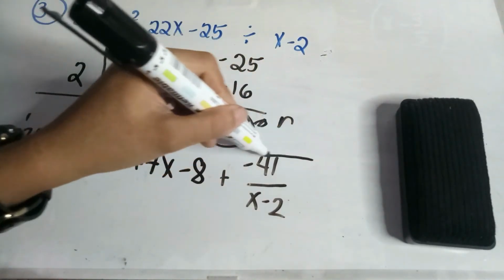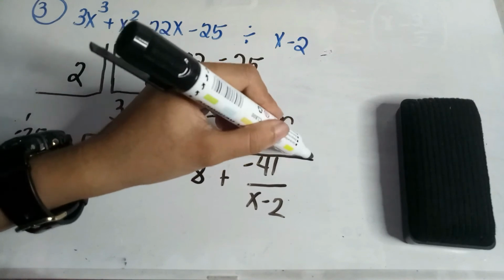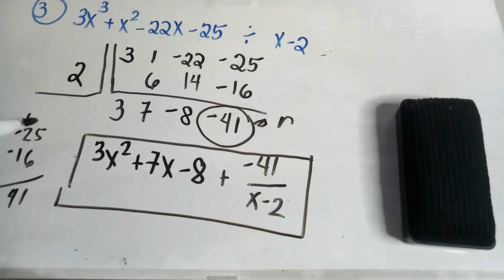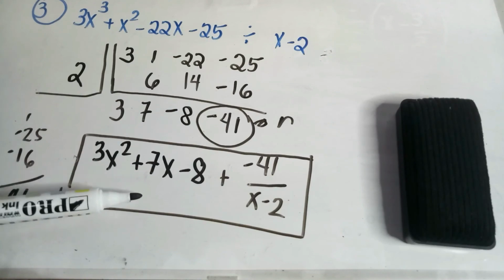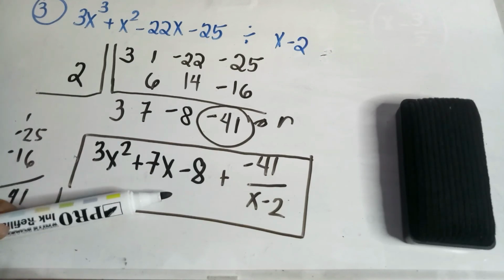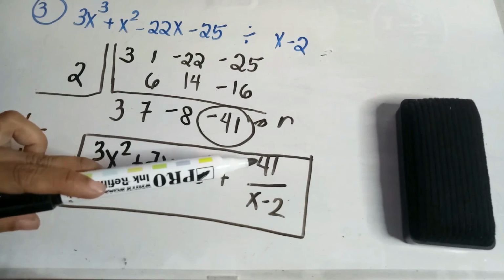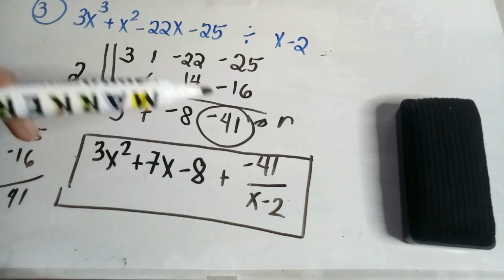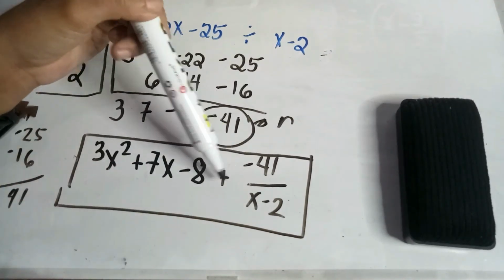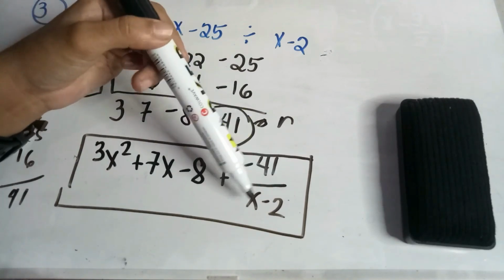And this is the quotient. So we have 3x squared plus 7x minus 8 plus negative 41 over x minus 2, or minus 41 over x minus 2.